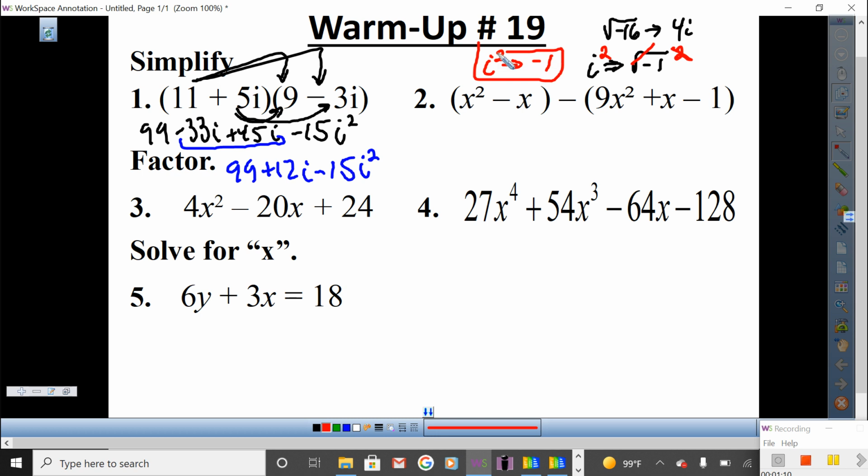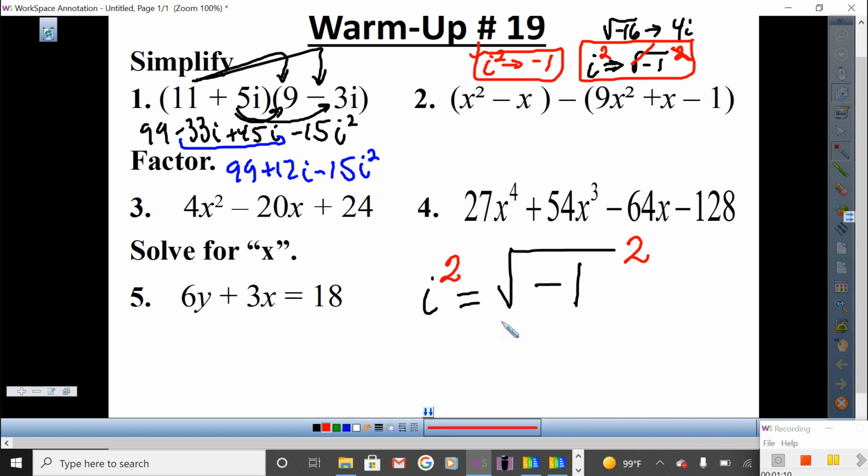Copy this, please. And if you want to make a note of this as well. Some of you are like, what? Okay, let me make that a little bit bigger down here. We have i is equal to square root of negative 1. To cancel this square root, we raise it to the second power. And whatever we do to one side, we do to the other, this cancels that.